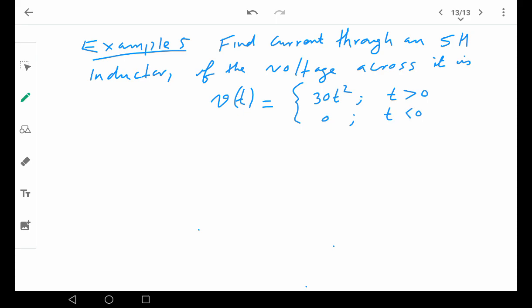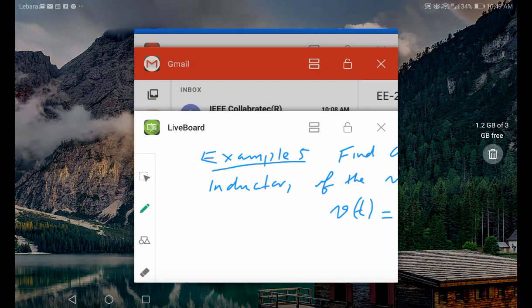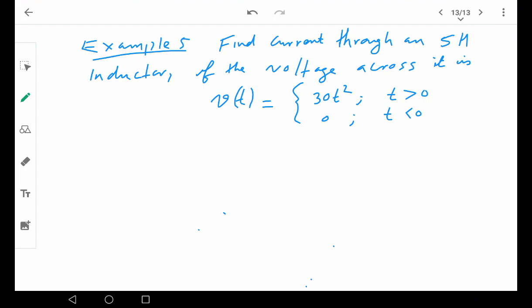So the current is given by i equal to 1 by L integral 0 to t of v dt.